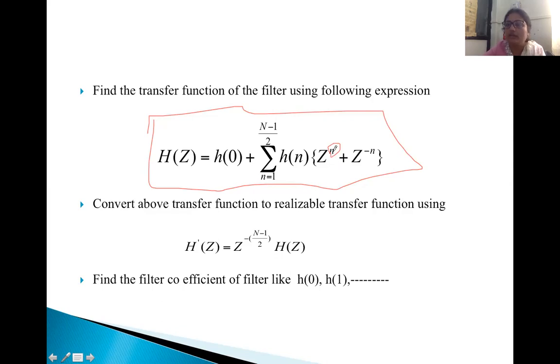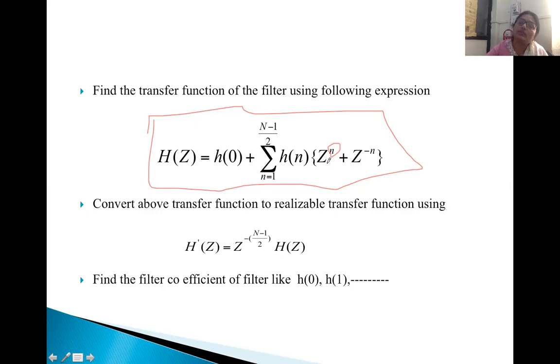A positive power of z means we need future samples. Z raised to minus n represents past samples, but z raised to plus n represents that the system requires future samples of input as well as output, which is not at all possible. So if it requires future samples of input, we cannot realize this system.